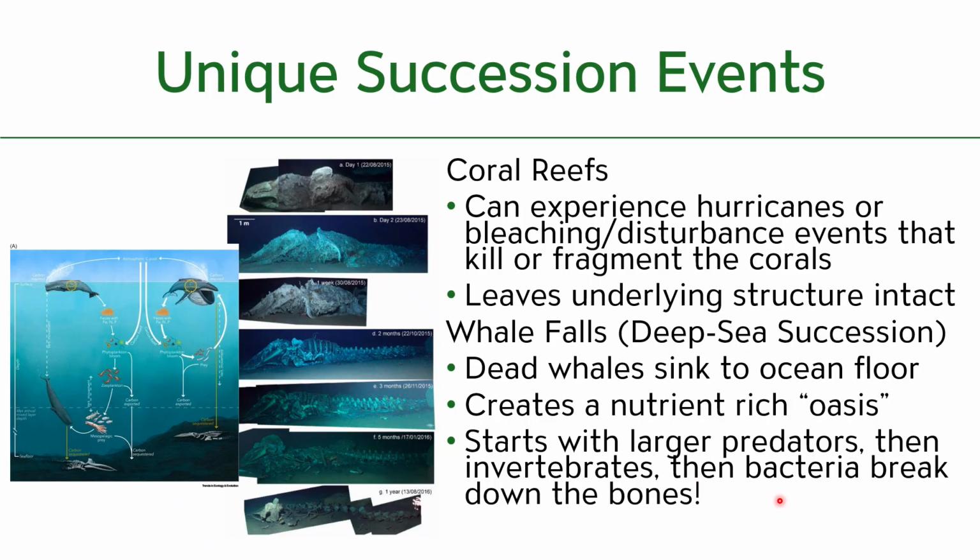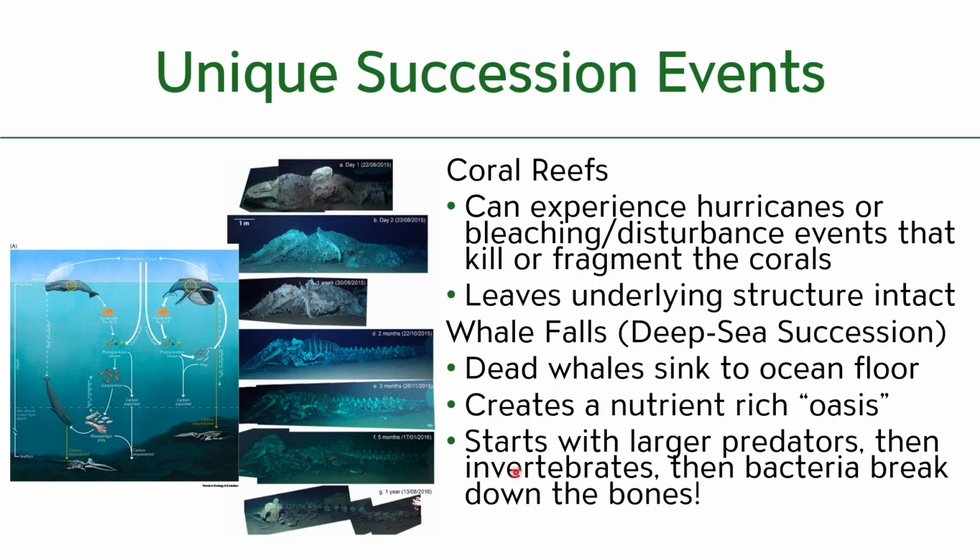Another cool one is a whale fall. This is a deep sea succession event. So when a whale dies, it sinks to the bottom of the ocean, and there it's going to create basically a nutrient-dense oasis. It's going to start with larger predators coming in and eating up the whale's skin and fat and muscle and all of that.